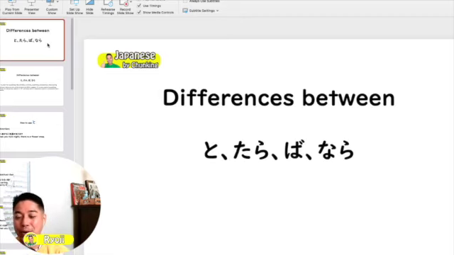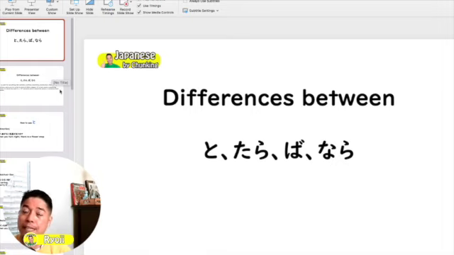However, it's very important to know the differences between と、ただ、ば、なら. Alright, so when you study something like this, they're very similar in meaning, but each one has very specific use. So find as many example sentences as possible and read them through, and you will get the gist of it.